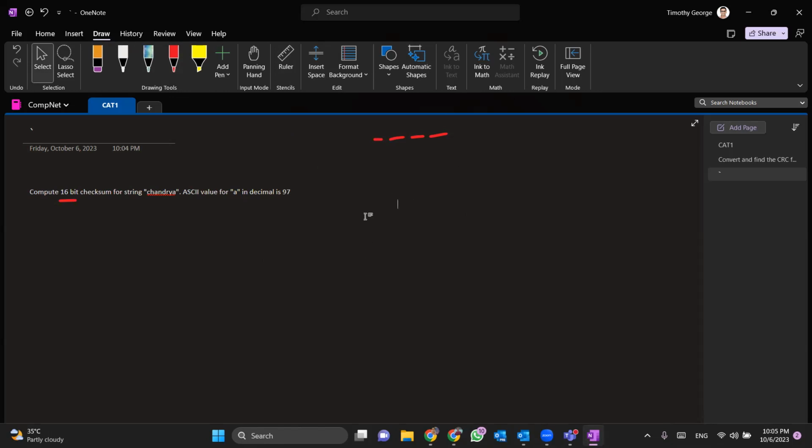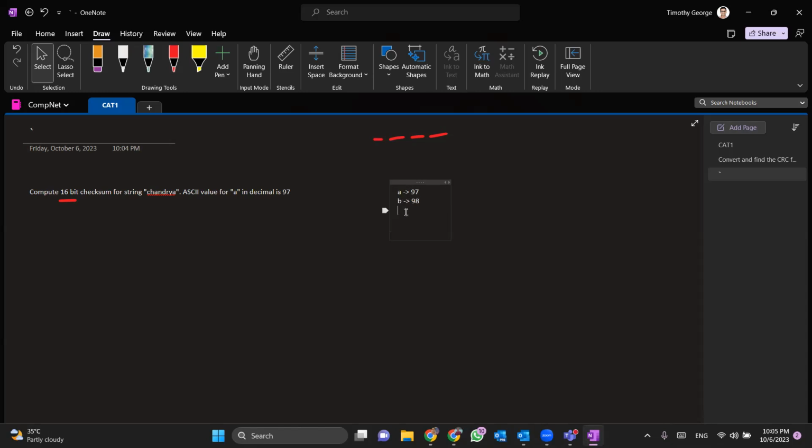The first step is you need the ASCII values, because you need the binary form of this word, Chandra. How do you do that? Small a is 97, and small b would be 98.